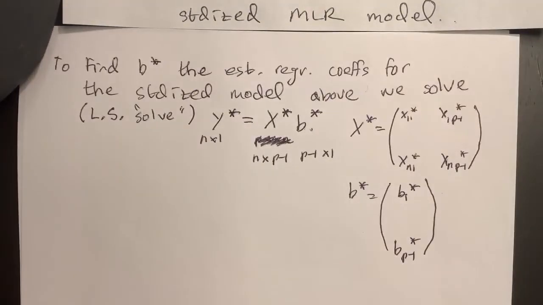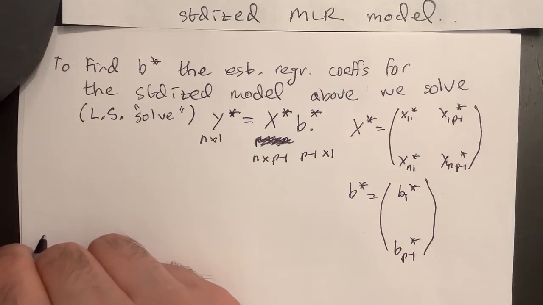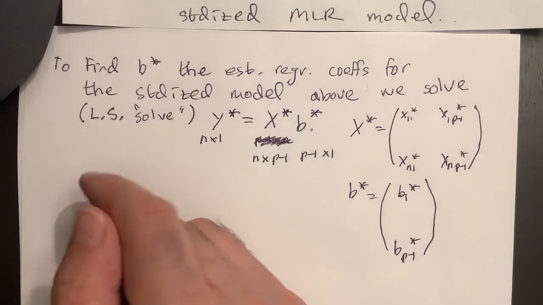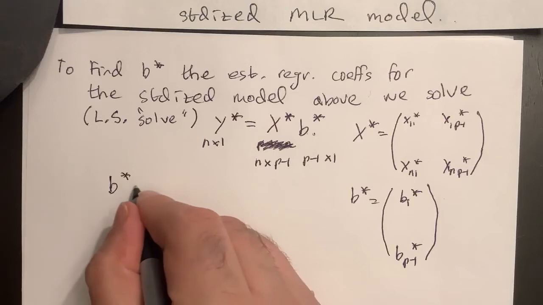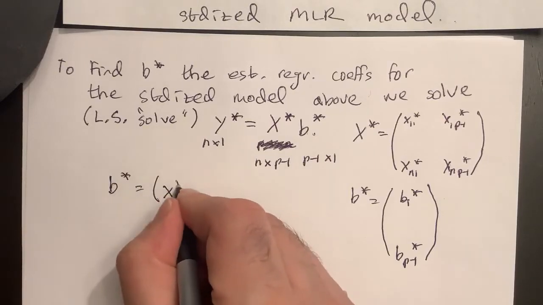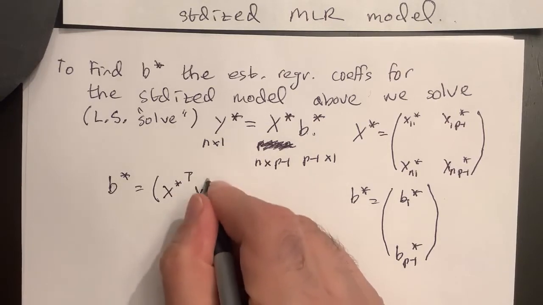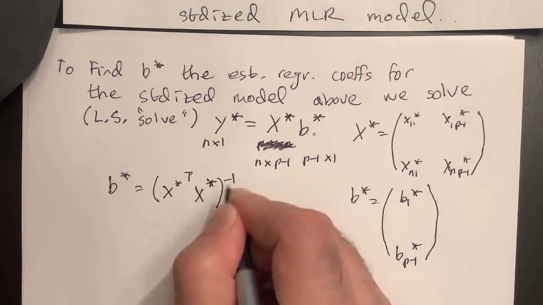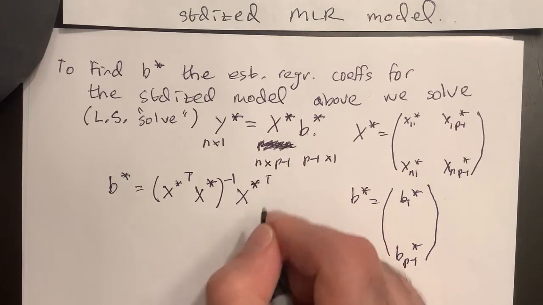We set up the least squares equation based on the shortest distance, minimizing the distance from Xb to y, and through that same magic, or geometry as I prefer to call it, we get b star equals (X star transpose X star) inverse X star transpose Y star.